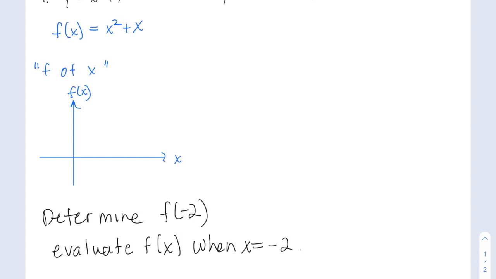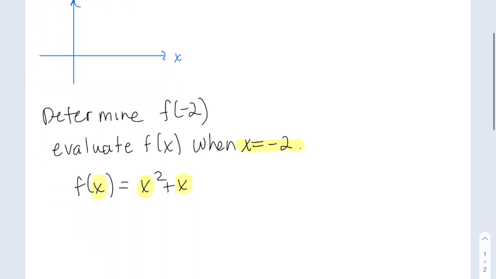So let's do it. I'm going to start with f of x equals x squared plus x, and anywhere I see an x value, I'm now going to replace it with x equals -2.